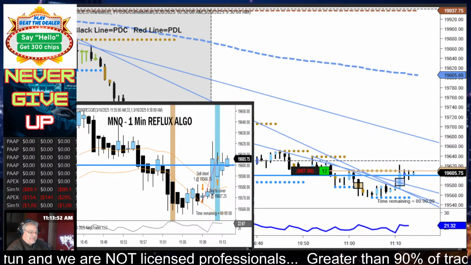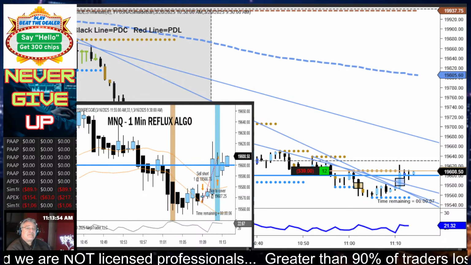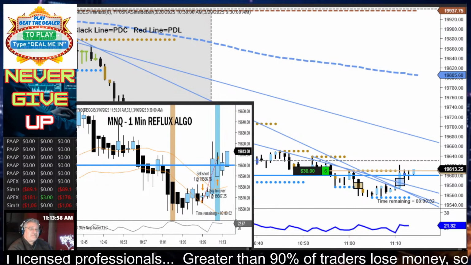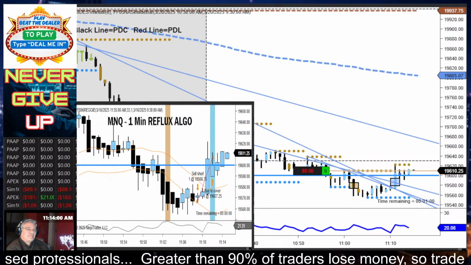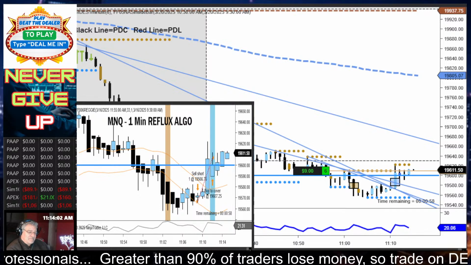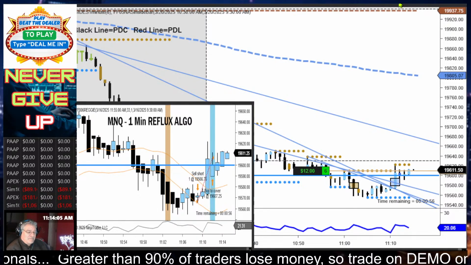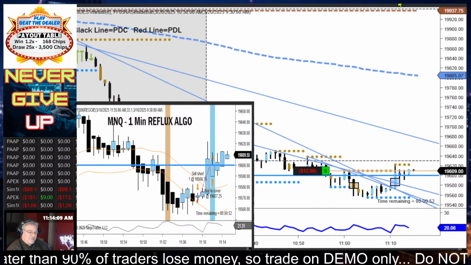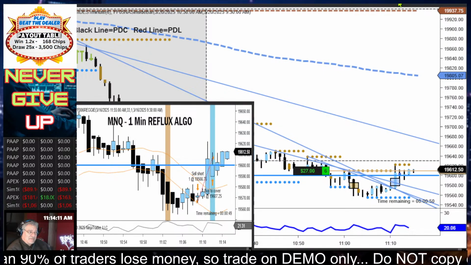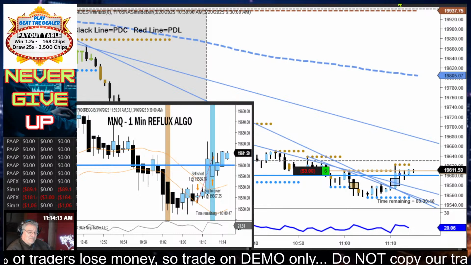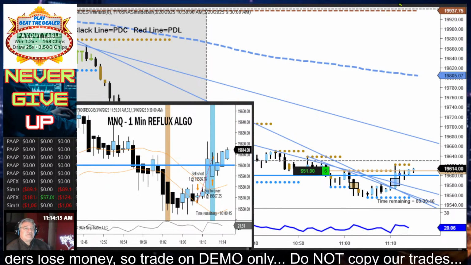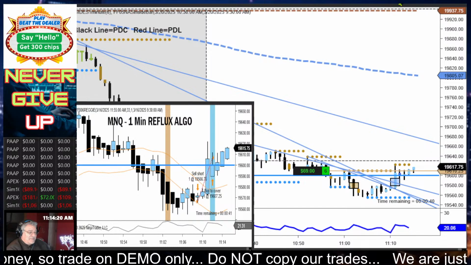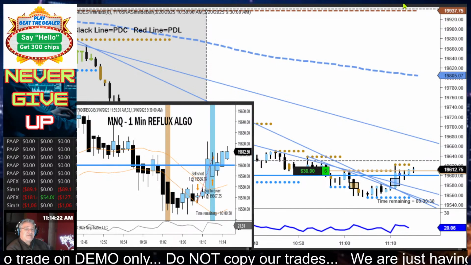Let's see some momentum to the upside. I'm going to add to my Topstep trade if I can get a good price here. Nope, I wasn't able to add to my Topstep trade, but it's okay. It's going in the right direction.